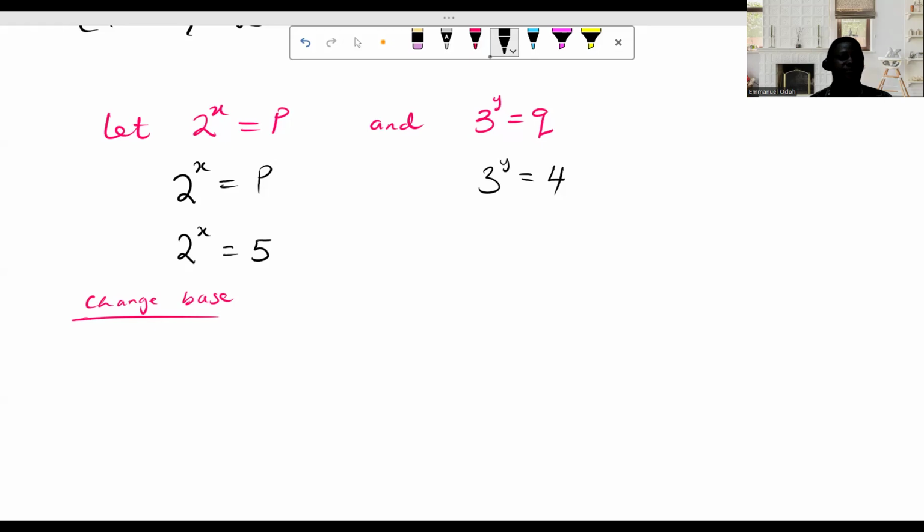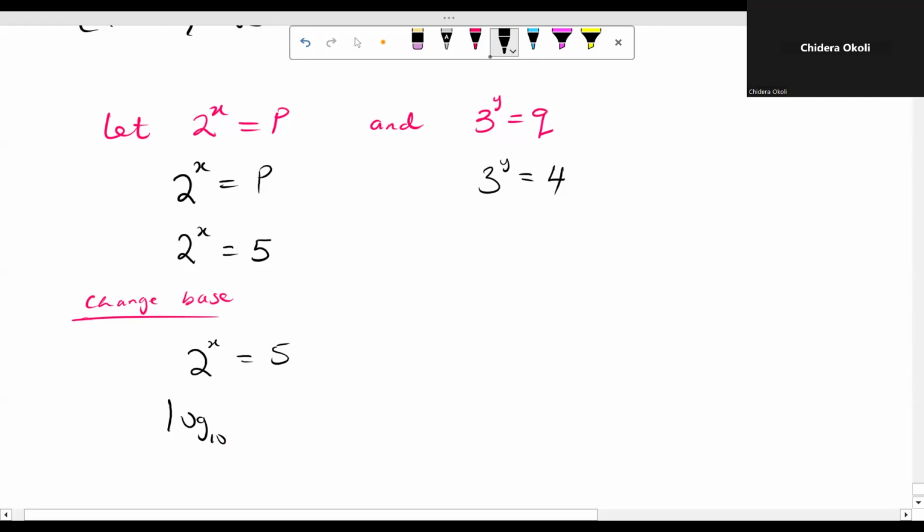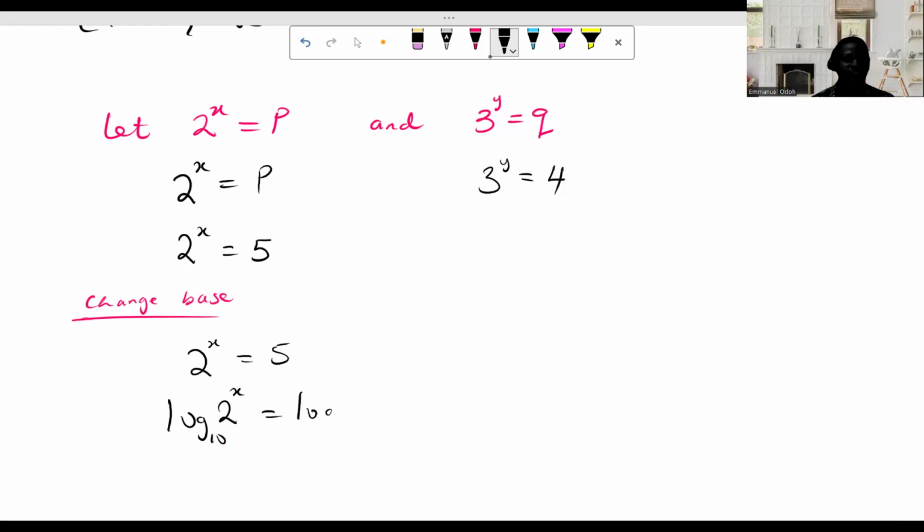You can change the base and say, okay, let's use 2 to the power of x equals 5. So let's take the logarithm of both sides, log 10 of both sides. I'm just being careful using this because we've not really done indices and logarithm.